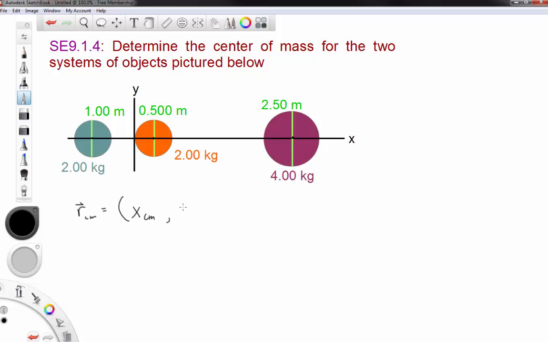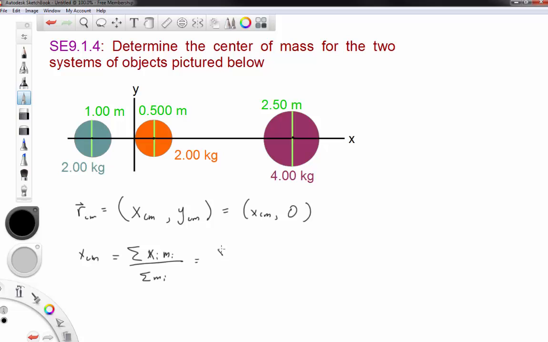So that means that the center of mass, which is at x center of mass, comma, y center of mass, is actually going to be xcm, comma, 0, because nothing has deviated away from the x-axis. So we just need to find the x center of mass. The x center of mass is going to be given by the sum of the x's times the masses divided by the sum of the masses.